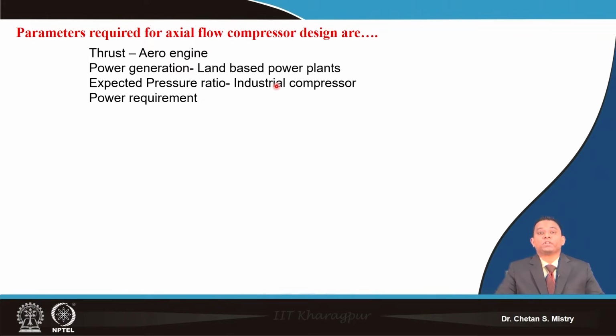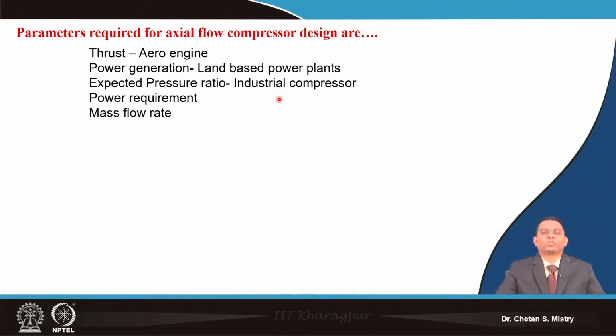It may be possible that because of a high pressure requirement, we may need to go with small power plants in order to run this compressor. So power requirement is also one of the concern parameters for special applications.